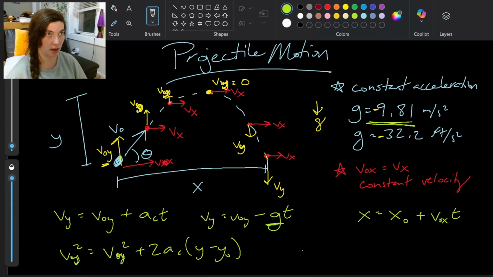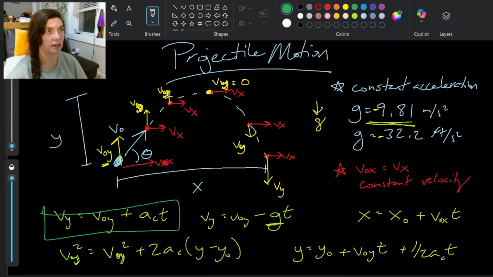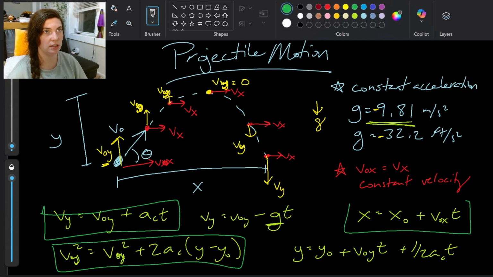And then finally, our last y equation, y equals y naught. So that's our y position equals our initial y position plus v naught y times t, so our initial velocity in the y direction times t, plus 1/2 a sub c t squared. 1/2 acceleration times time squared. And so these are our big four. Anytime we're looking at doing something with projectile motion, these are the guys we want to use.